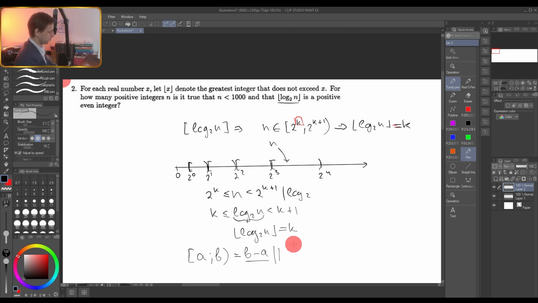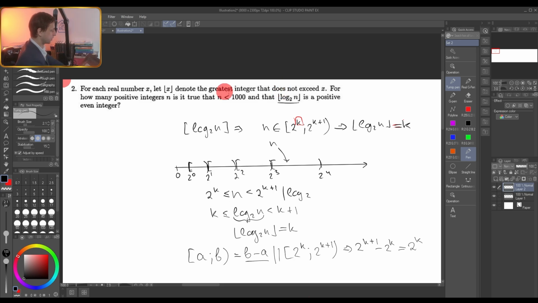In particular, for any interval from 2 to the power of k to 2 to the power of k plus 1, how many integers do we have in this interval, from 2 to the power of k included and 2 to the power of k plus 1 not included? It will look like 2 to the power of k plus 1 minus 2 to the power of k, and because of powers of 2, it simply equals 2 to the power of k. This is it, and that's the only thing we need to know to quickly solve this problem.